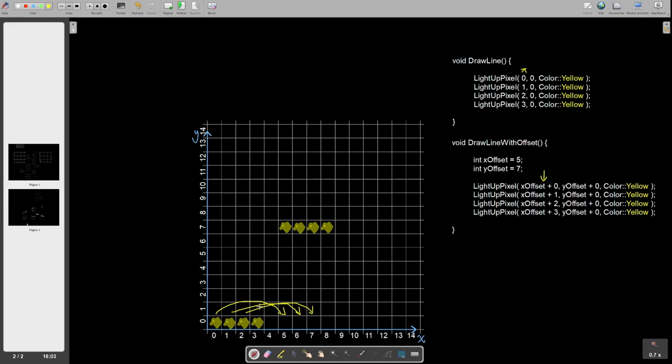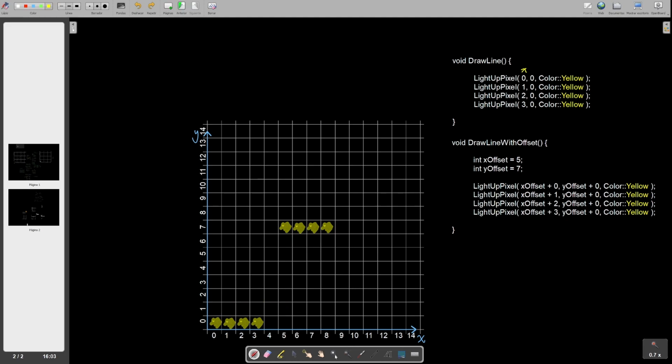And the same thing is going to happen with the y component. You're adding an offset of 7, so they will not only be moved to the right, but also upwards, giving us this translated line, which is this same line but just translated, just by using offsets.